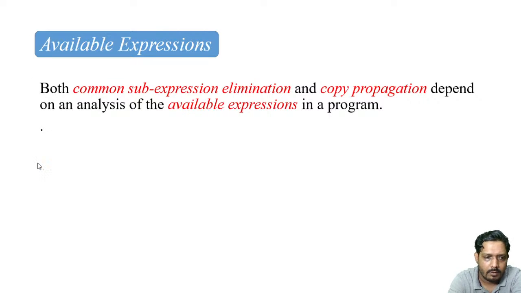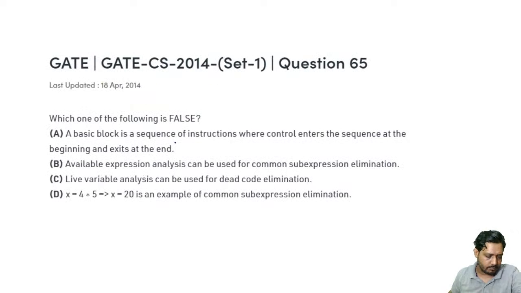Look at this particular question, and I think you will be able to answer this one now. Please go ahead and solve it. This is a 2014 question, where the entire thing was in the syllabus, and it is the right time to discuss this.